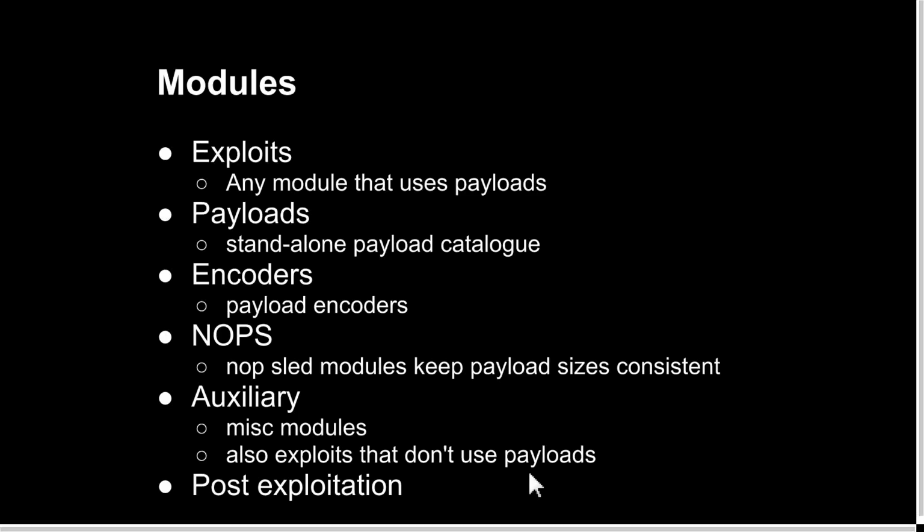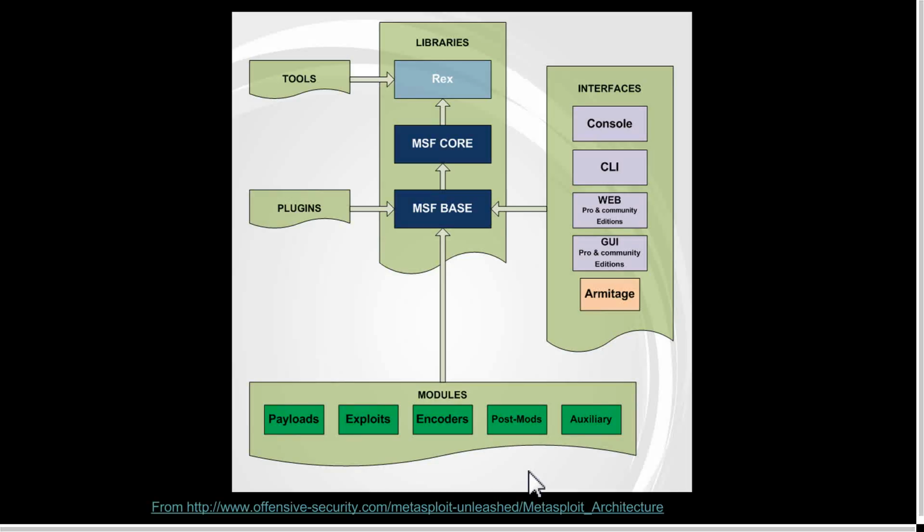Then encoders do the encoding, the filter evasion to beat WAFs, IDS, AV. NOPS is straightforward. It's the tools to generate NOPS lists to keep things nice and evenly sized. And then there are miscellaneous modules and auxiliary, but also in auxiliary are exploits that aren't associated with any payload. And then there's also post-exploitation, which we'll cover another time. So that's all the modules right there.